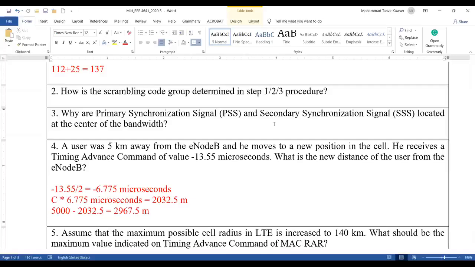So it may happen that someone starts with 1.4 megahertz, and later increases the bandwidth to 5 megahertz. He can do that. But it will always be located at the center, and the frequency range it takes up is equal to the minimum bandwidth of 1.4 megahertz, where you have 72 subcarriers.